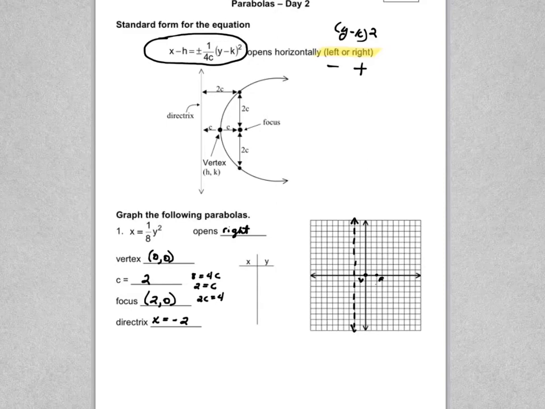We need then to find the spaces that are actually on the parabola to form our other 2 points. They're going to be, just like before, 2c spaces away, which is 4. We move again from the focus, so we're going to go up and down this time. 1, 2, 3, 4. So that point is at 2, positive 4. And we're going to go down 4 spaces. 1, 2, 3, 4.